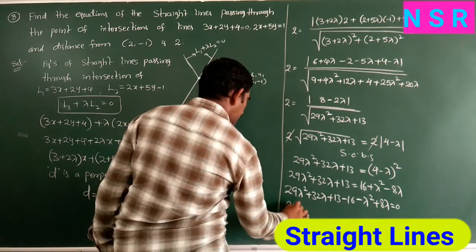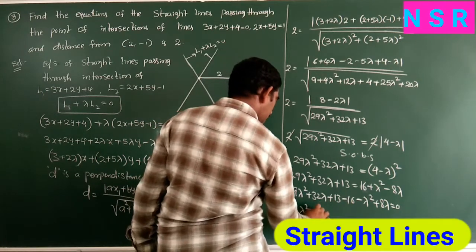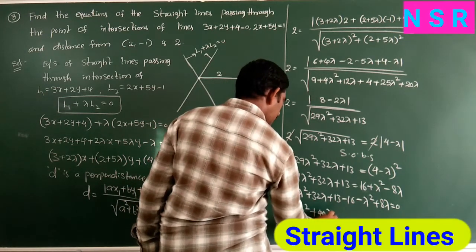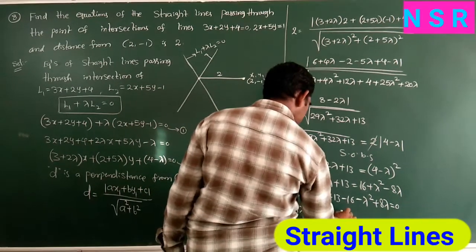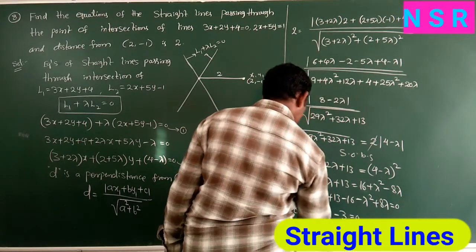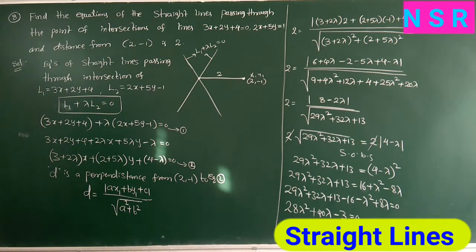So 29 minus 1 is 28 lambda square, 32 plus 8 is 40. Next 13 minus 16 is minus 3. So this is our lambda equation. This equation represents a quadratic equation in terms of lambda.